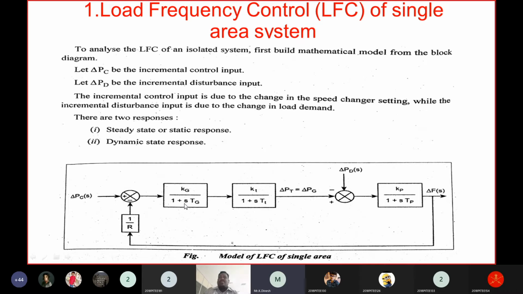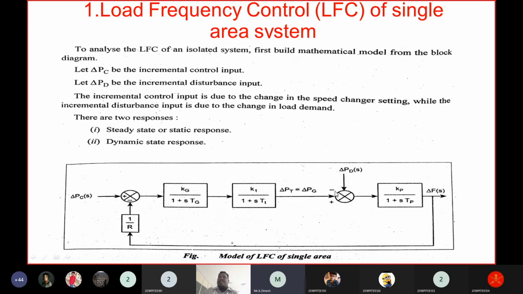When you study your control system paper, the term S only denotes a first order system; S square means second order system. So I connected first order systems for the generator, KG by 1 plus S TG, in series with the turbine, KT by 1 plus S TT. Here the turbine and generator are connected in series.